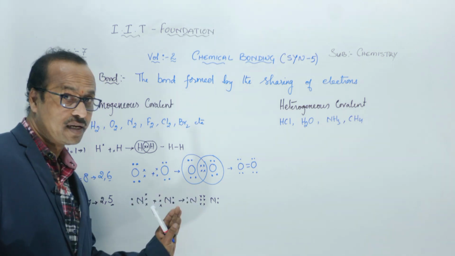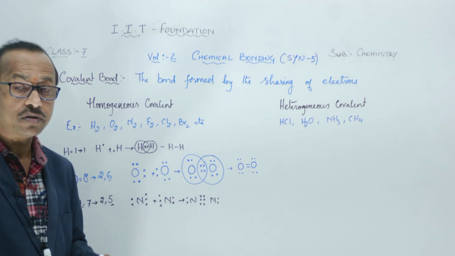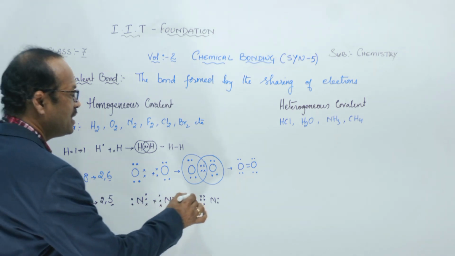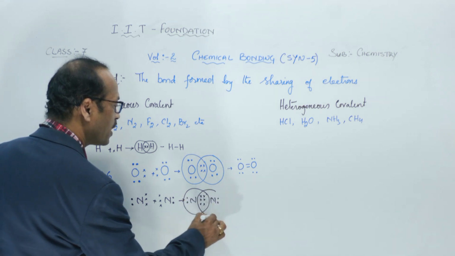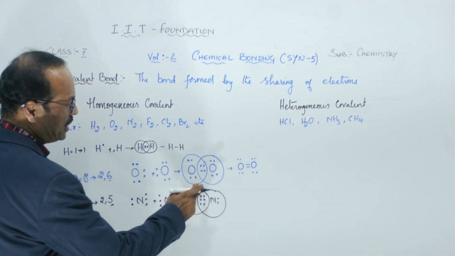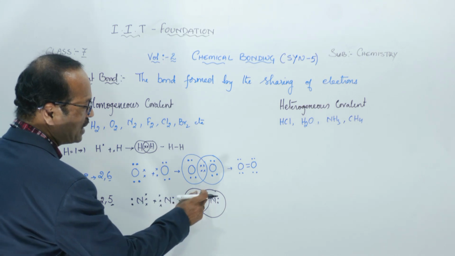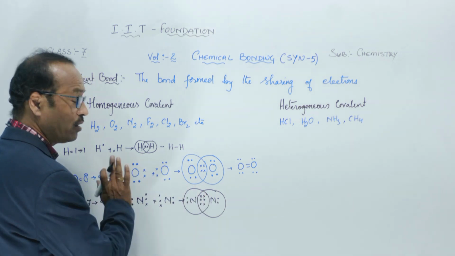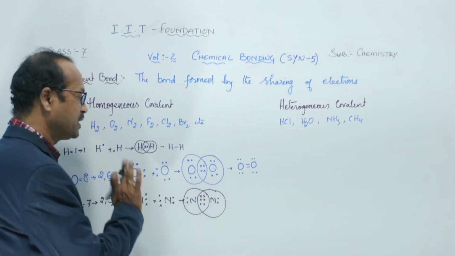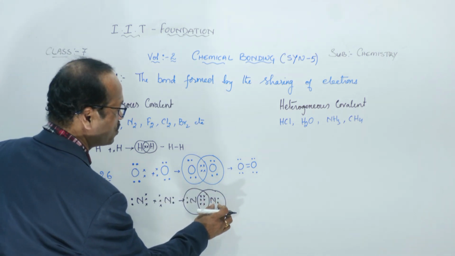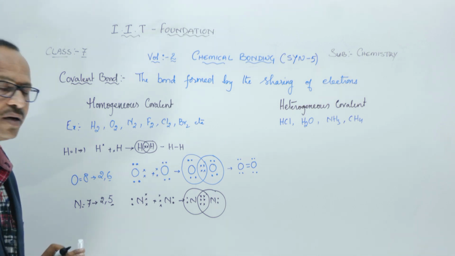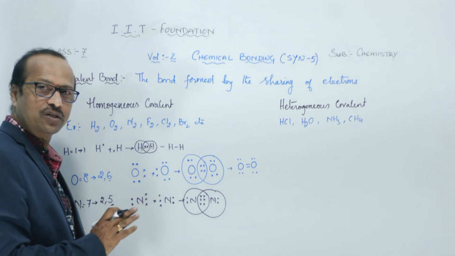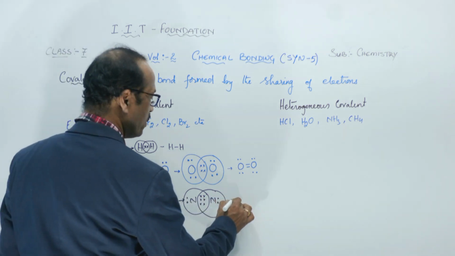Total 6 electrons, which will be shared by both nitrogen atoms. Now in this nitrogen atom, 2 here, 6 here, total 8. Octet rule attained, so this is stable. This nitrogen also has 2 plus 6, 8, and attained the stable electronic configuration. Now how can we represent this one?